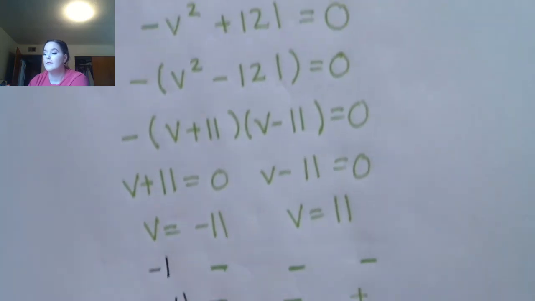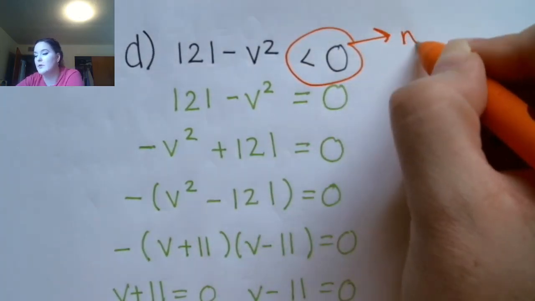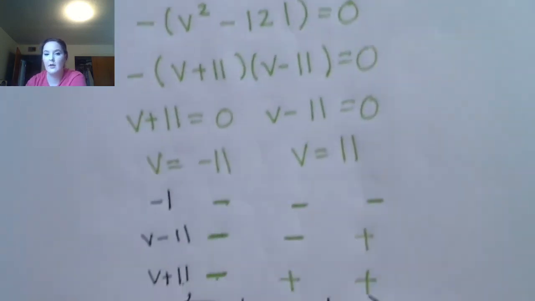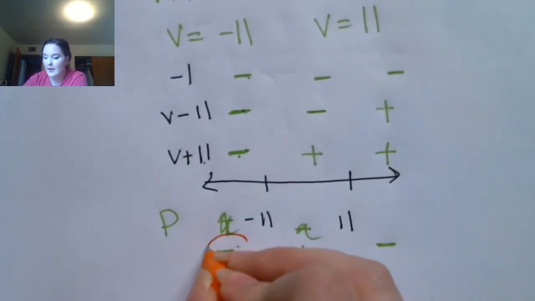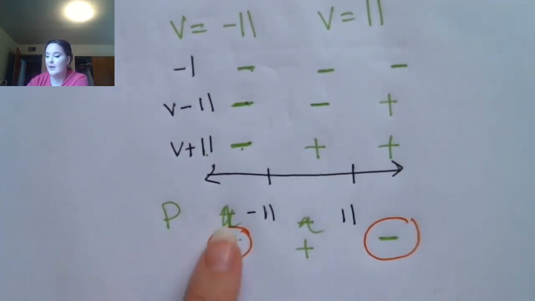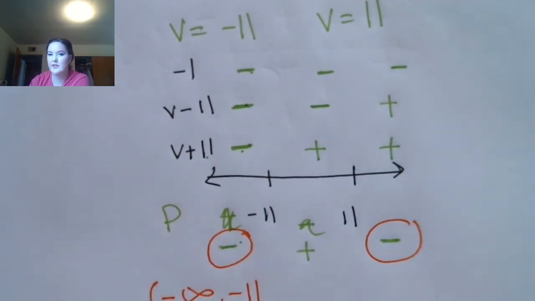Okay, now it says less than 0, so this means we're looking for the negative part. Okay, so we're going to be talking about this part and this part. Okay, so we're going to write this as an interval. Negative infinity to negative 11, always parentheses.